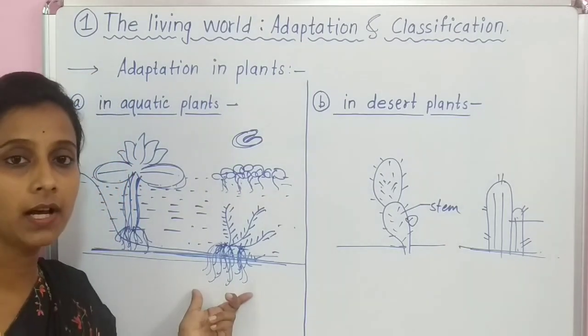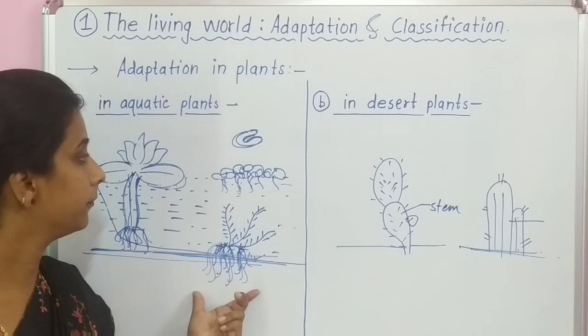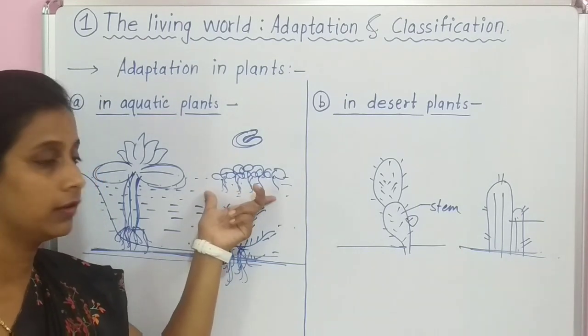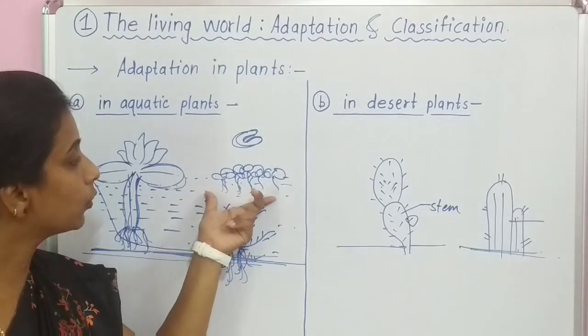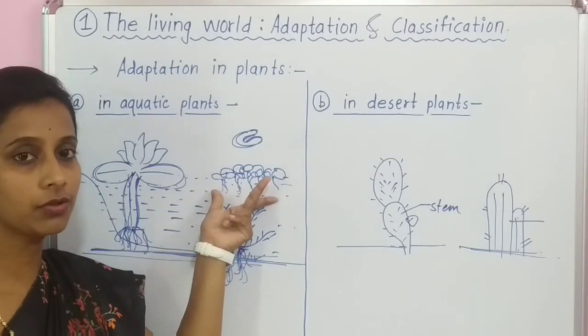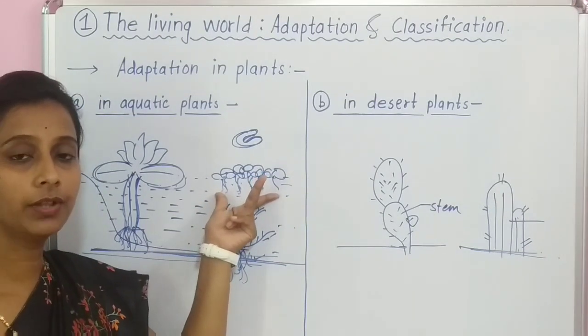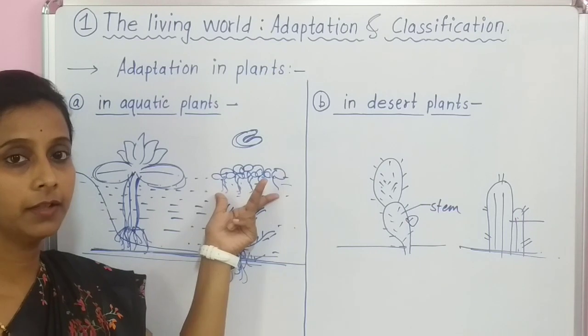Such plants are said to be fixed rooted aquatic plants. Now in this plant, the roots and leaves are totally floating on the water. So these are said to be floating aquatic plants.